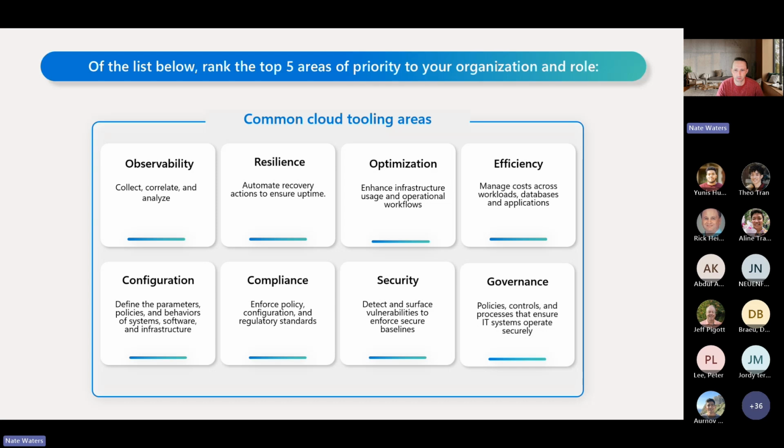Okay, good to know. Not a lot of love for efficiency. I think that was also lower in the other stack ranking one, so that makes sense around optimization there.